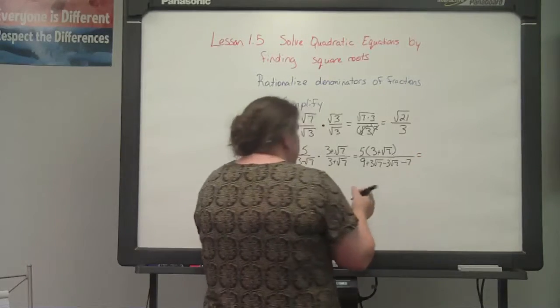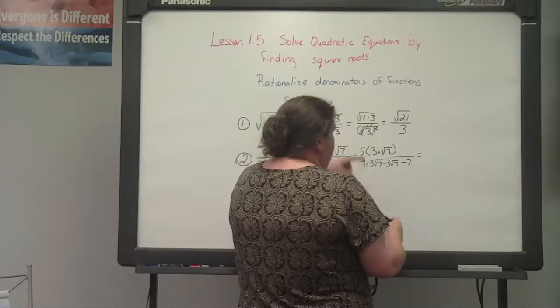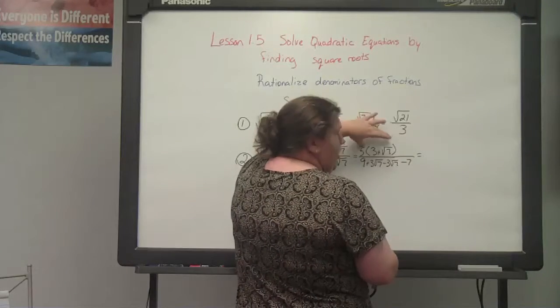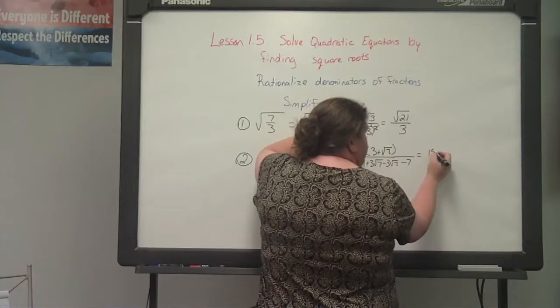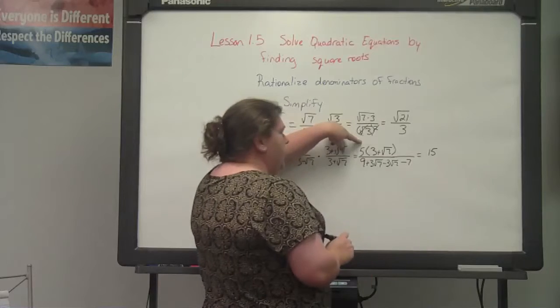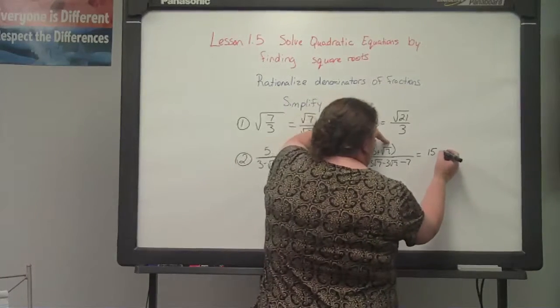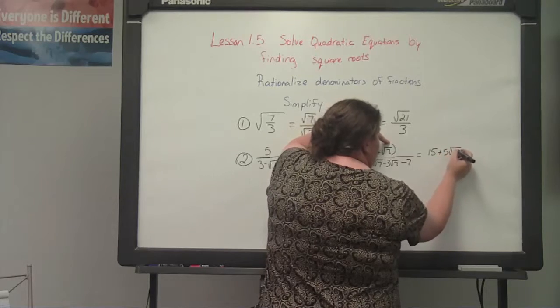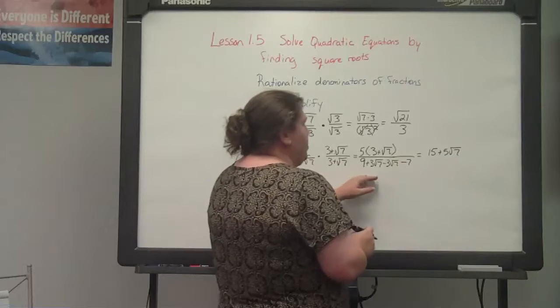So now I'm going to combine like terms and distribute my numerator. So I have 5 times 3, which is 15. I have 5 times square root of 7, which is just a plus 5 square root 7. And so now we're going to look at the denominator.